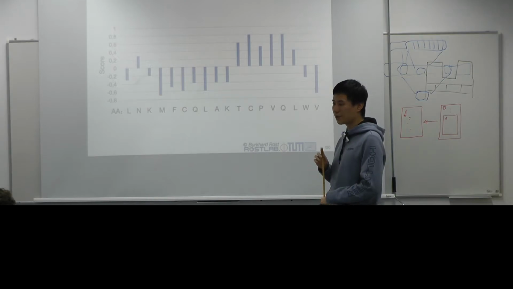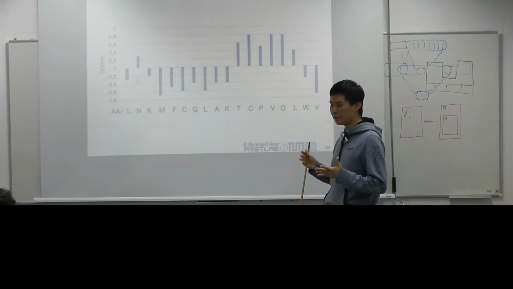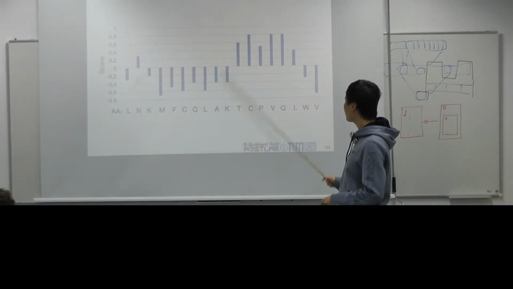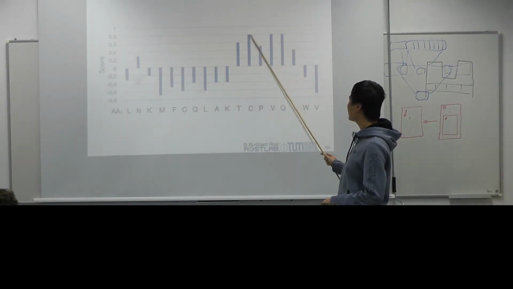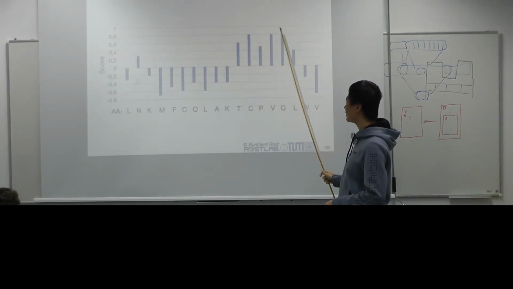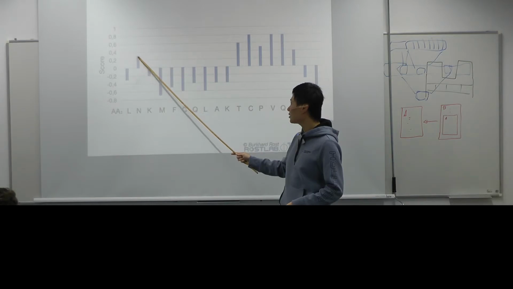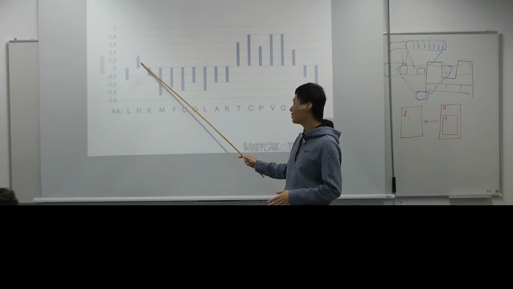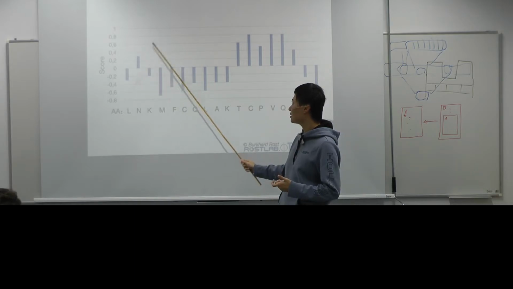But according to biological knowledge, we know that the binding sites are usually clustered together and shown in groups. So for this prediction, it is okay. They have a higher score and they are in groups. But for this one, the reliability score is close to 0 and it's isolated. So according to biological knowledge, we may think this one is a false positive.